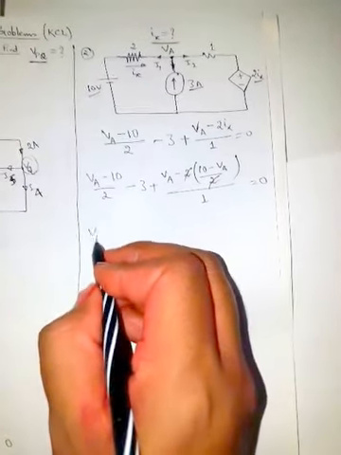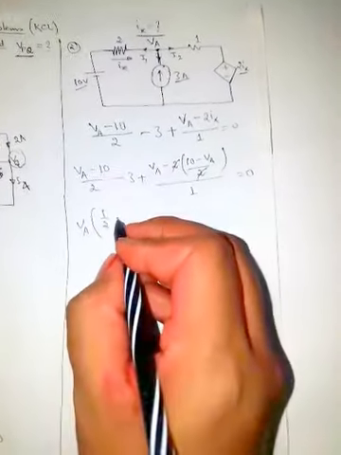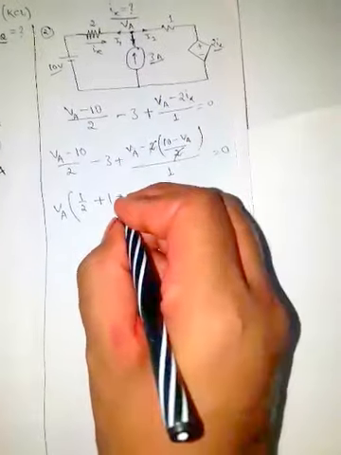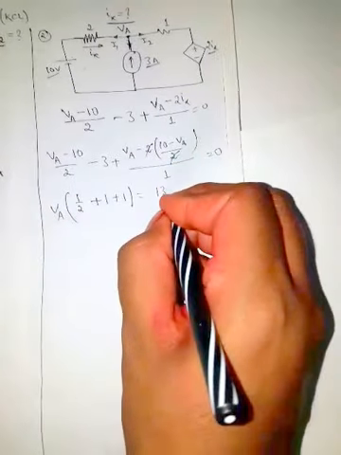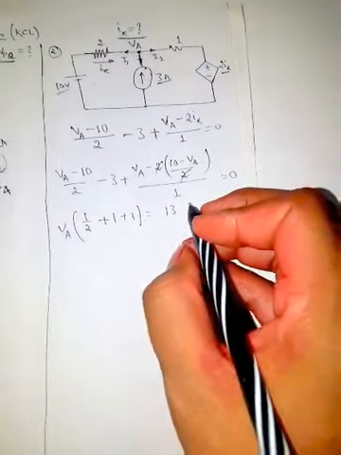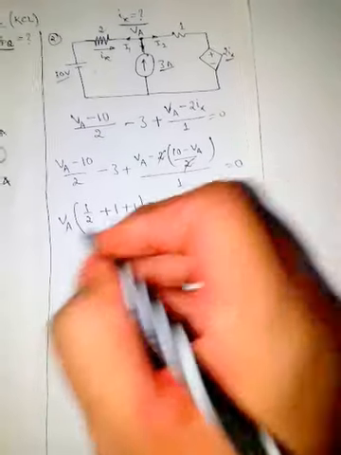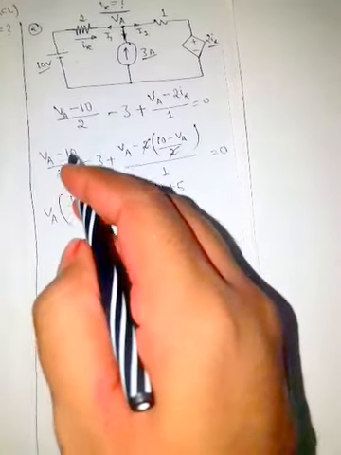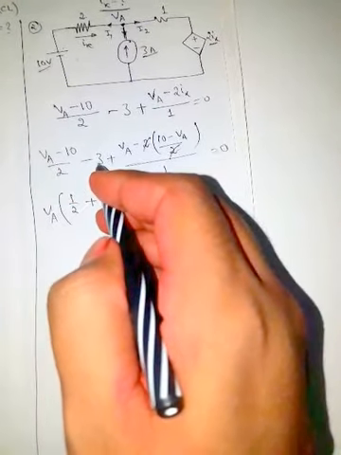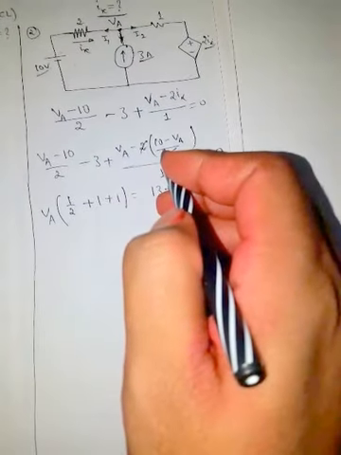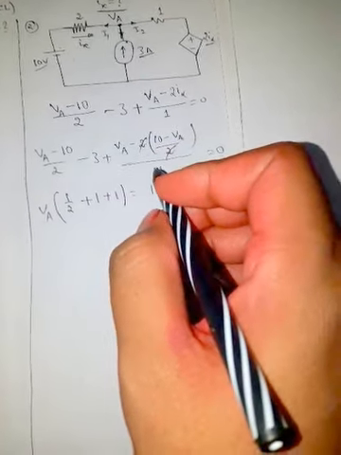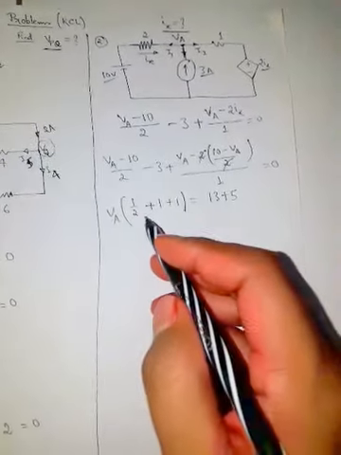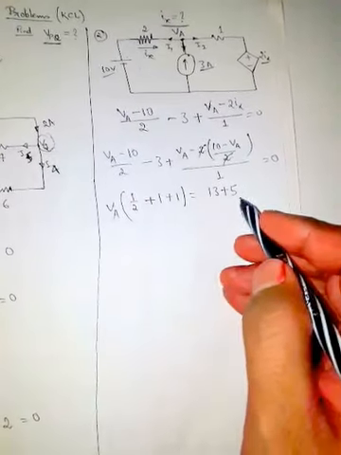So finally VA times half plus 1 is equal to 13 plus 5.